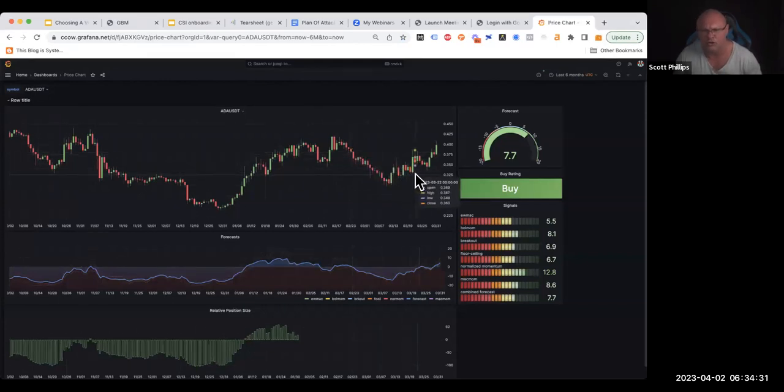We're out of that short a month later. So here is a much longer trade. We go short the 5th of November. We're out of that short 9th of January. So a couple of weeks to a couple of months is our typical trade time.